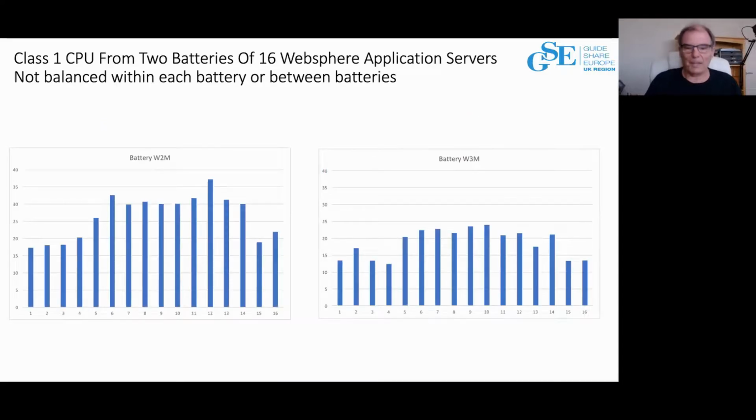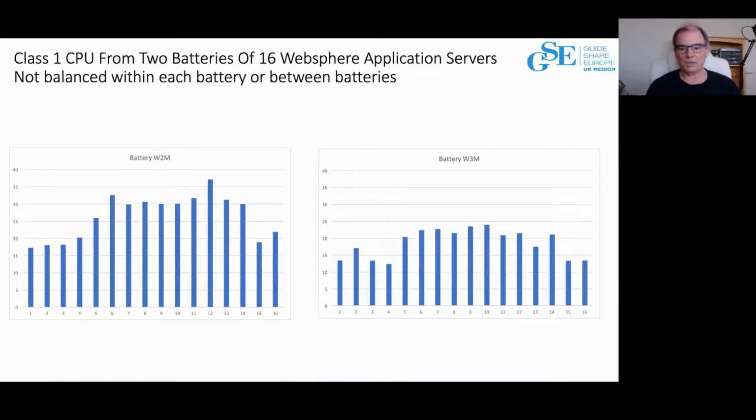Okay, now the term battery I used just now. This is a case where the customer had two batteries of application server middle tier machines with their own IP addresses showing up with contiguous ranges. Two sets of 16, excuse me.